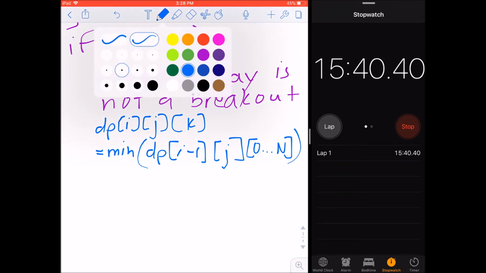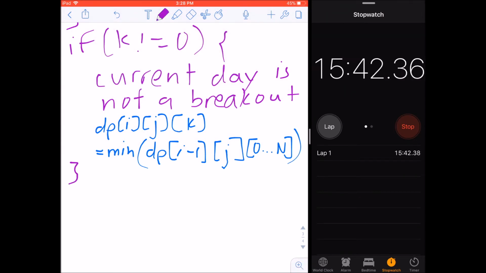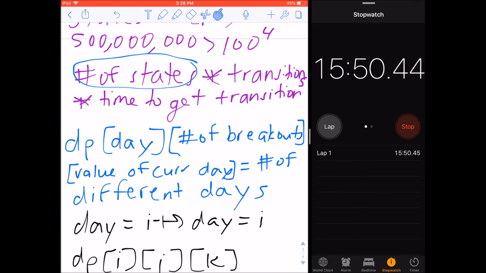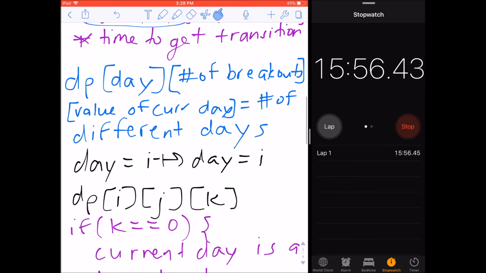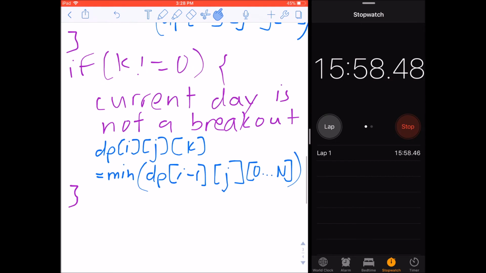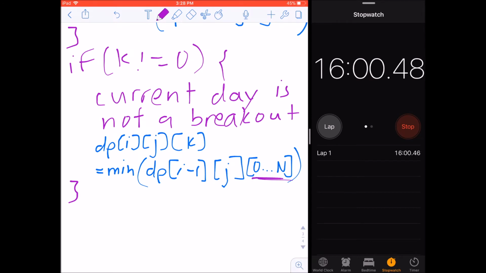Now, again, what this means is that we're on the previous day. That's what I minus 1 means. J means the same number of breakouts, because if you recall, the second one is the number of breakouts. The third one is the value of the current day. The value of the current day can be anything from 0 to n.